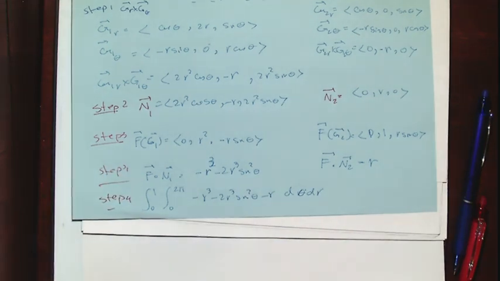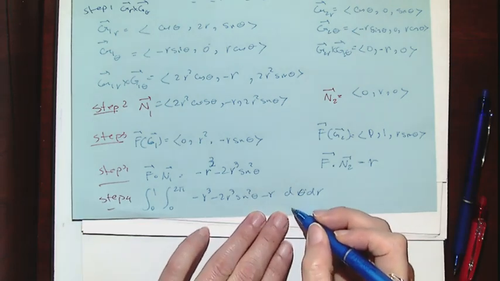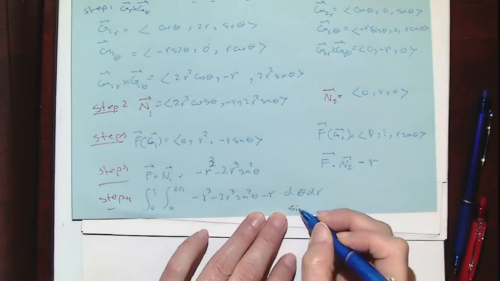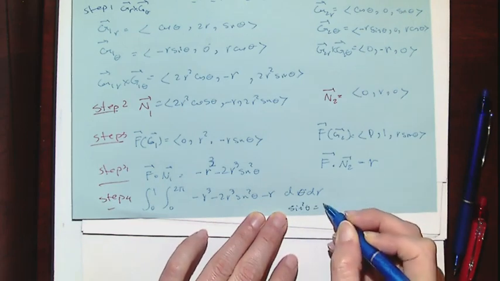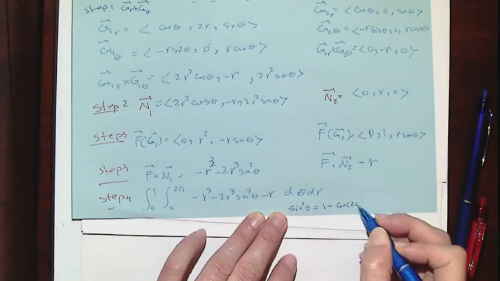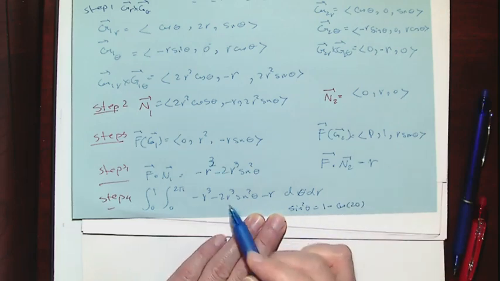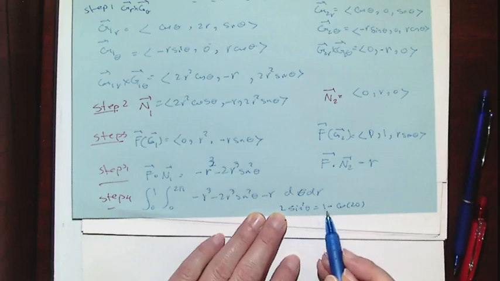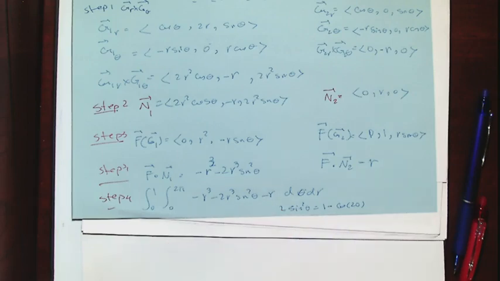And then you guys are going to compute this. And let me tell you, I have to replace sine squared theta with 1 minus cosine 2 theta divided by 2. So 2 sine squared theta is 1 minus cosine 2 theta.